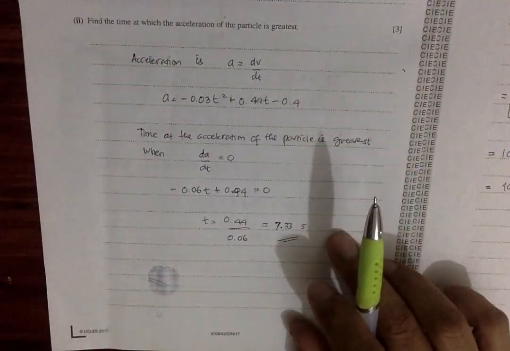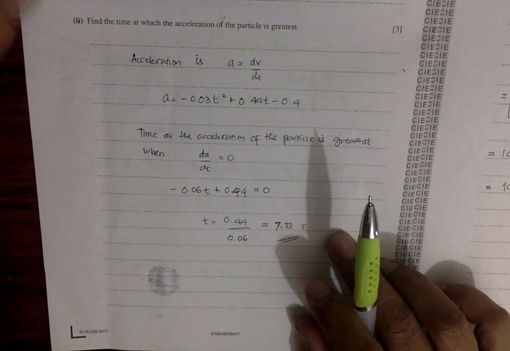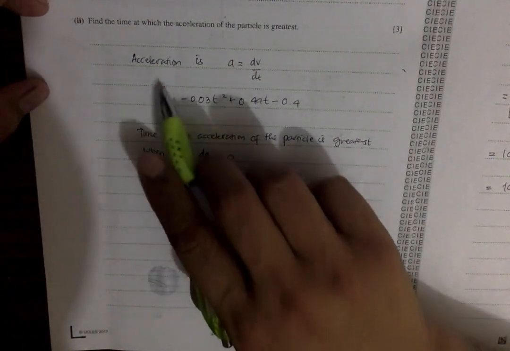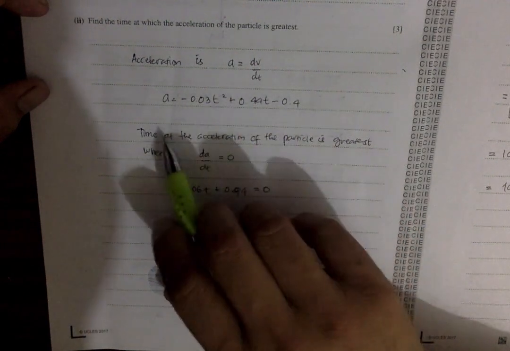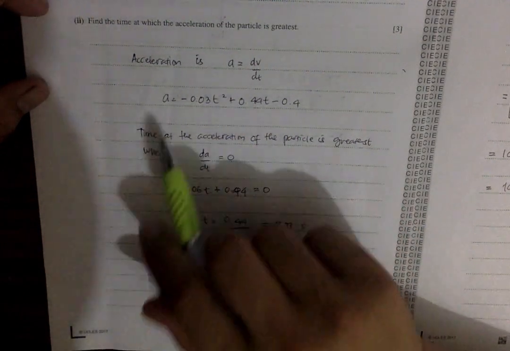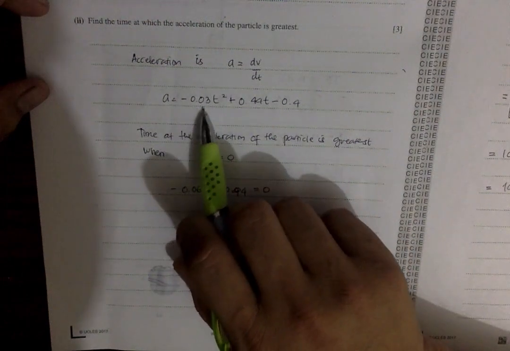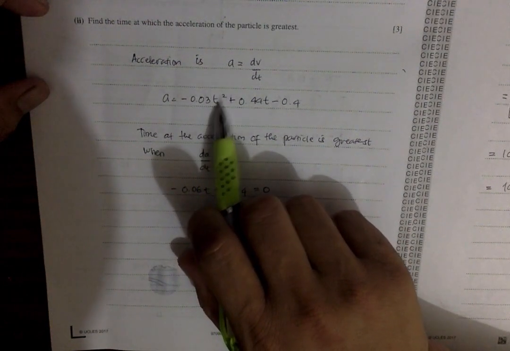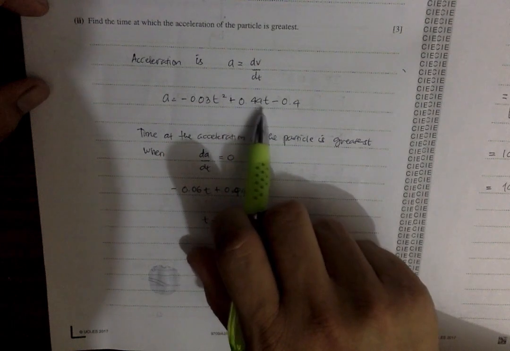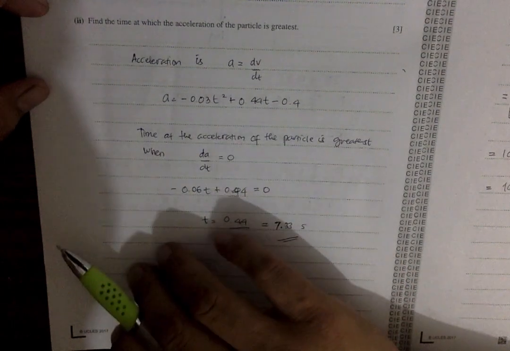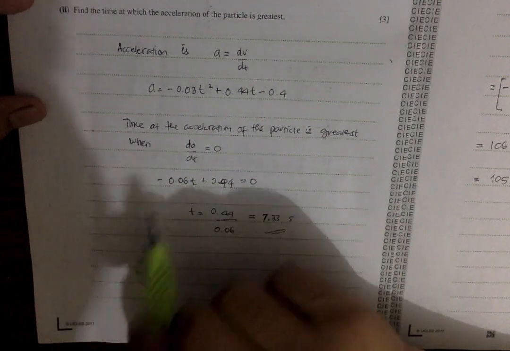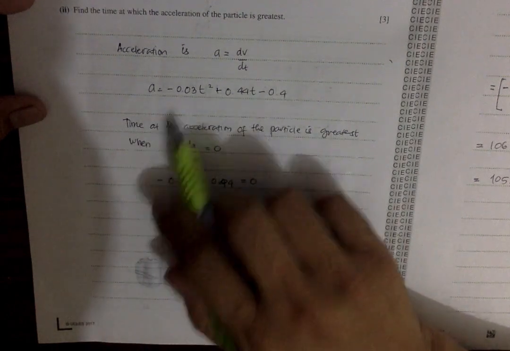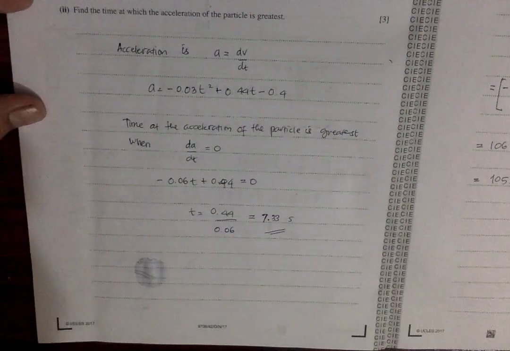Question 2. Find the time at which the acceleration of the particle is greatest. Acceleration a is the derivative of velocity with respect to time, so after differentiating we get a equals minus 0.03 t squared plus 0.46 t minus 0.4. The acceleration is greatest when the derivative of this equation comes to 0.